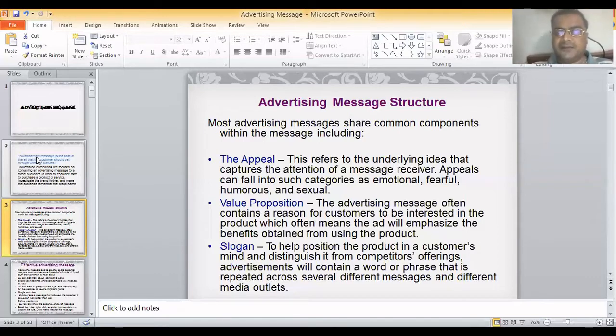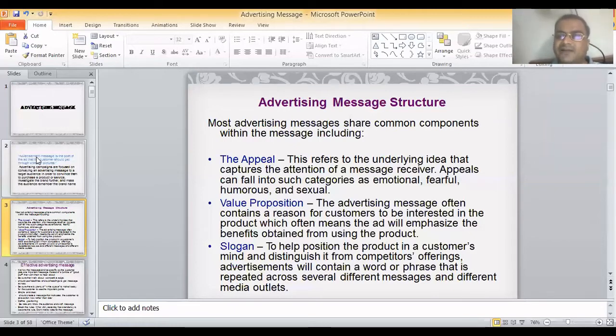Again, if we look at an example, for example, the Head and Shoulders shampoo. They say that it is with ZPTO and that kind of technology, and the advantage it gives is that you will be free from dandruff if you use Head and Shoulders shampoo.